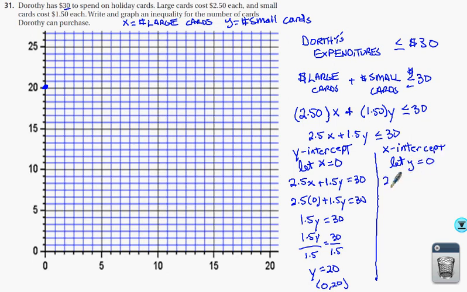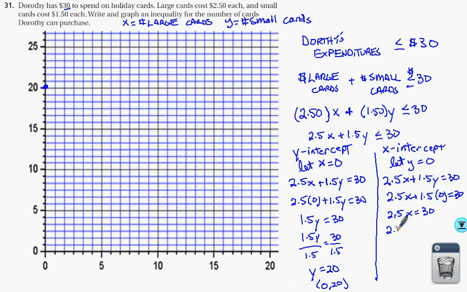Again, take the same relationship, 2.5x plus 1.5y equals 30. This time I'm substituting 0 in for y, so I have 2.5x plus 1.5 times 0 equals 30. This term drops out, so I'm left with 2.5x equals 30.